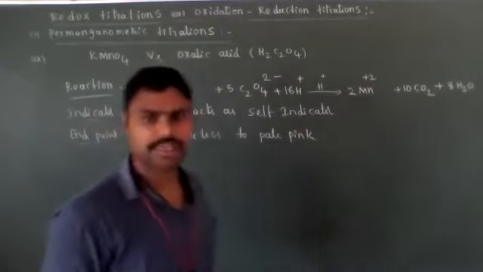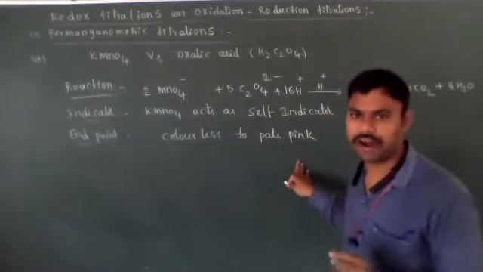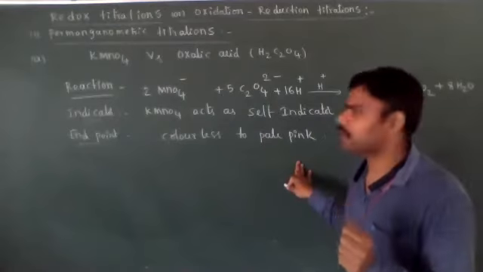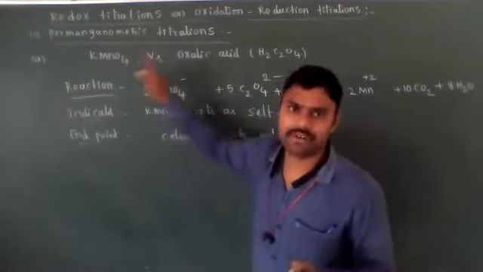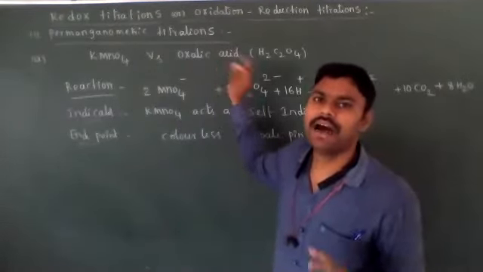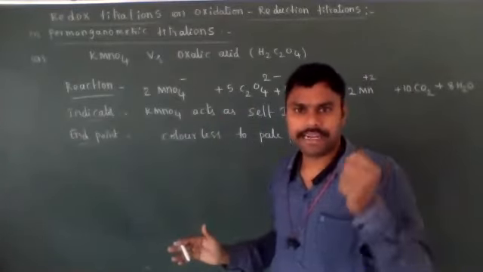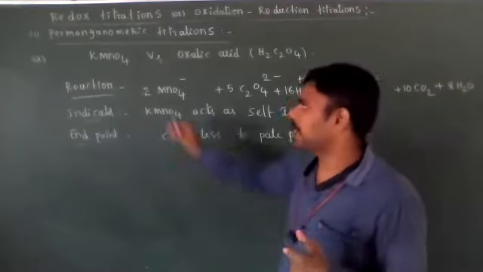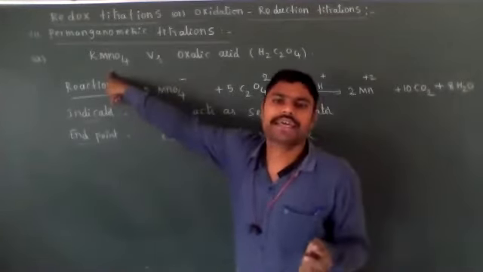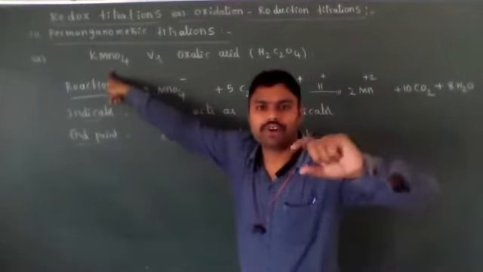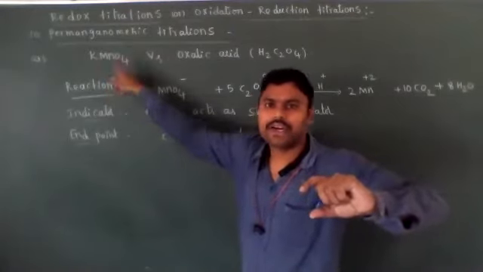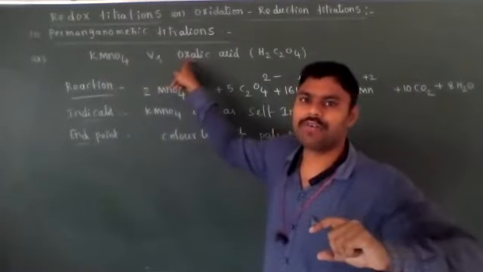Pale pink color will form. If colorless to pale pink color is formed, then the number of equivalents of KMnO4 is equal to the number of equivalents of oxalic acid, meaning the reaction is exactly neutralized. Then immediately we have to stop the titration and note the volume of KMnO4, how much volume of KMnO4 we added to the known concentration and known volume of oxalic acid.